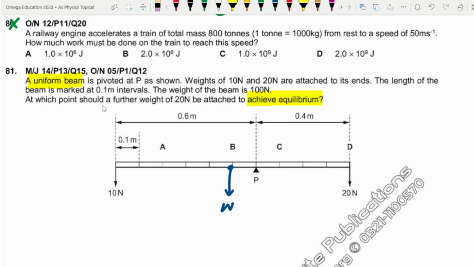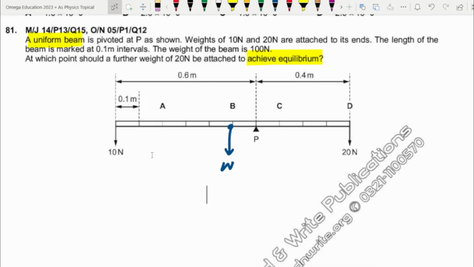At which point should a further weight of 20 Newton be attached to achieve equilibrium? So what we can do is we can find the resultant moment, and that would give us an idea where we should be adding the additional force to prevent that resultant moment.